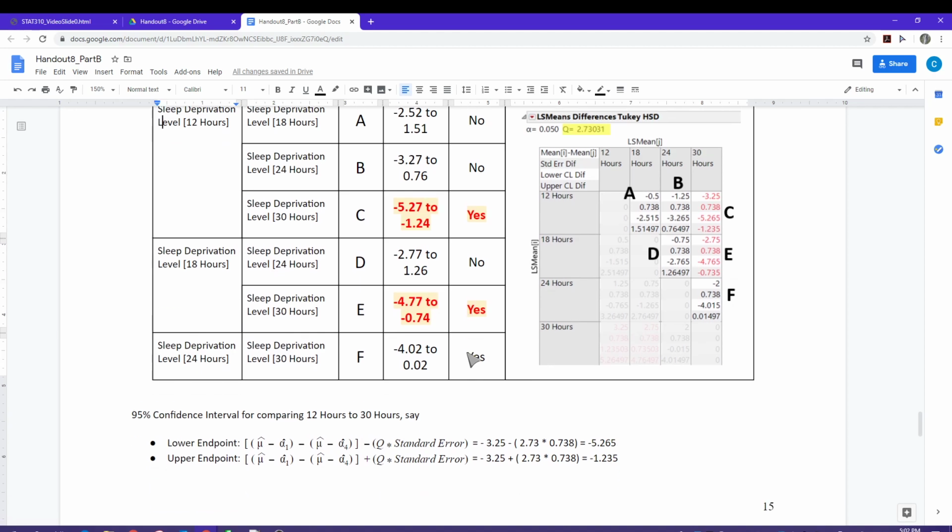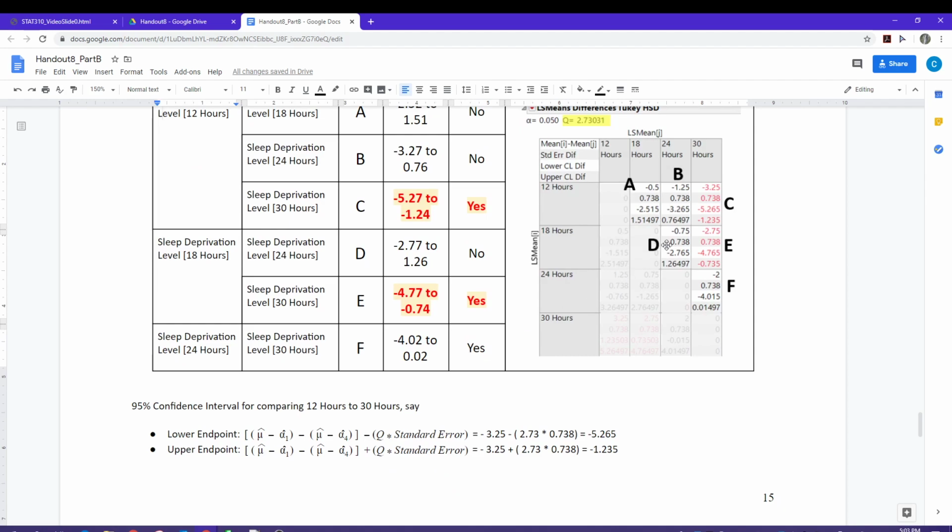A little bit about how to compute these confidence intervals. So how are those things computed? I would just need to take, if I wanted to do, say, the 12 against the 30 here, so where are they getting the value negative 5.27? What I need to do is take the average for 12, which again is just the overall minus the effect for 12, and then subtract that from the average for 30, which is going to be the overall minus the effect from 30.